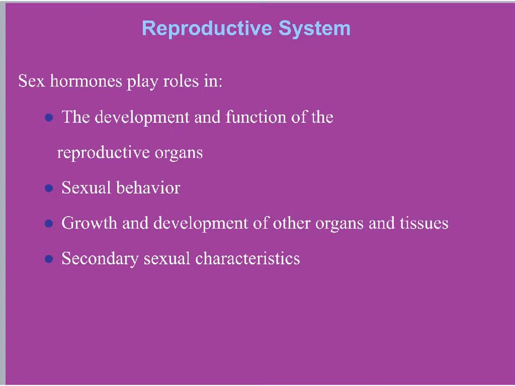So those sex hormones play a variety of roles. They can assist with the development and function of the reproductive organs. So the hormone testosterone, for instance, has many functions, but it assists with sperm maturation or sperm development.